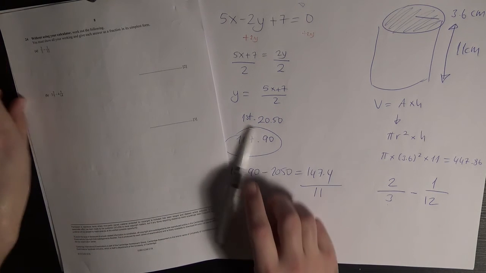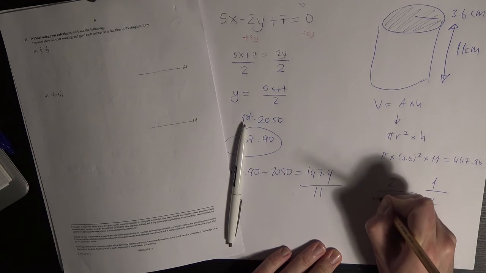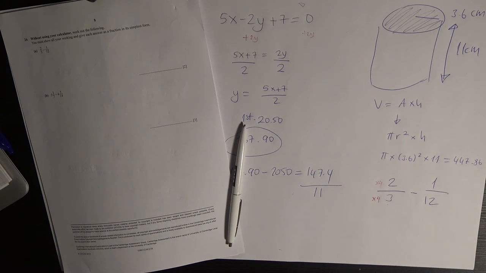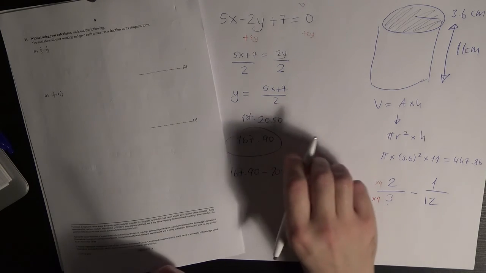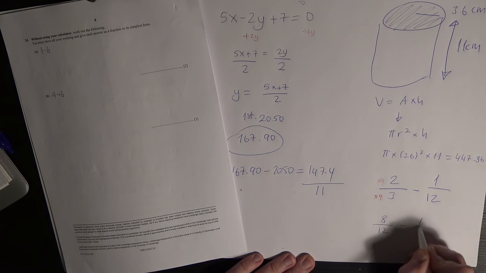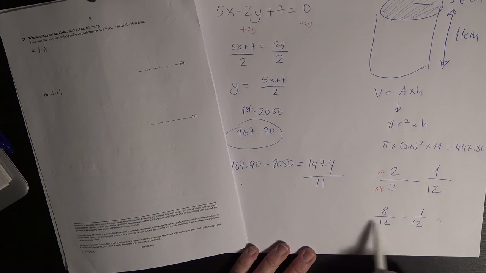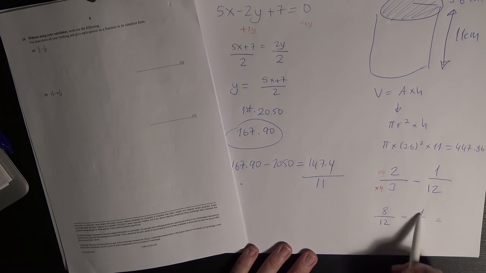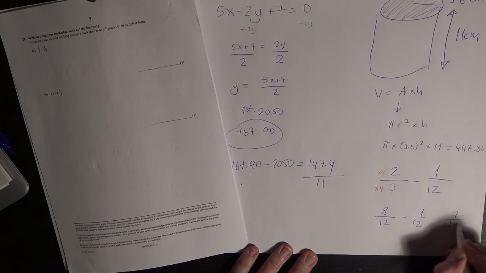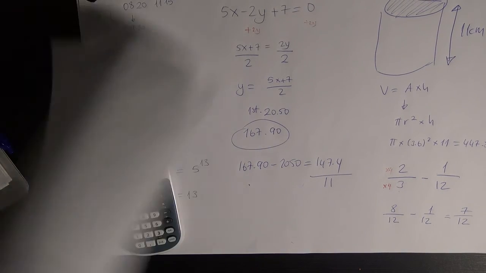If I multiply this whole fraction by 4, I get 2 times 4 is 8 over 12 as my new value, and then I have this as it is, which is 1 over 12. Now I can work with them. The denominators stay the same. The numerators I subtract. So 8 minus 1 is 7 over 12. See, actually it is easy for 2 points.